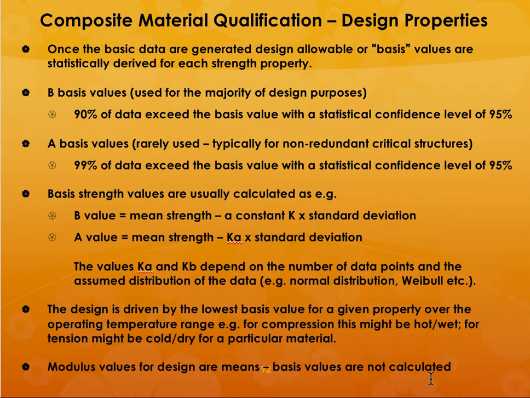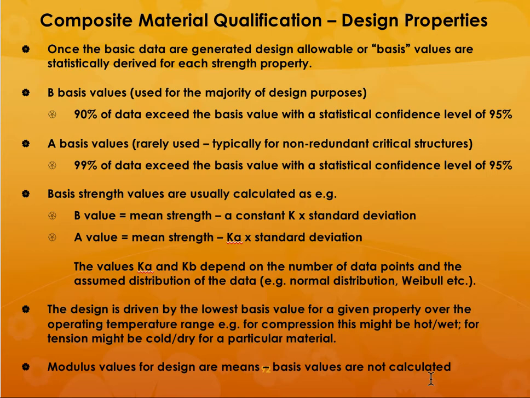And A basis value is more conservative, but you typically do not use that, and there we say that 99% of the data will exceed the basis value with a statistical confidence level of 95%. And how do you calculate the basis strength value? It is the mean strength minus a constant times the standard deviation.